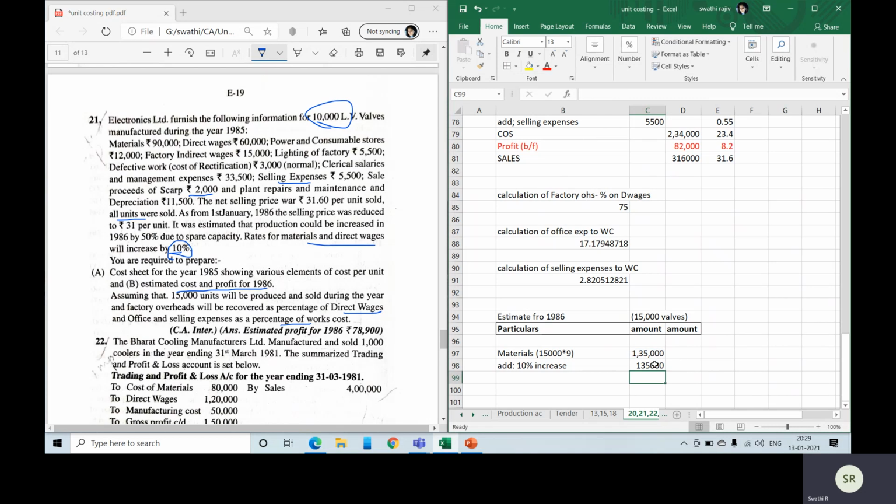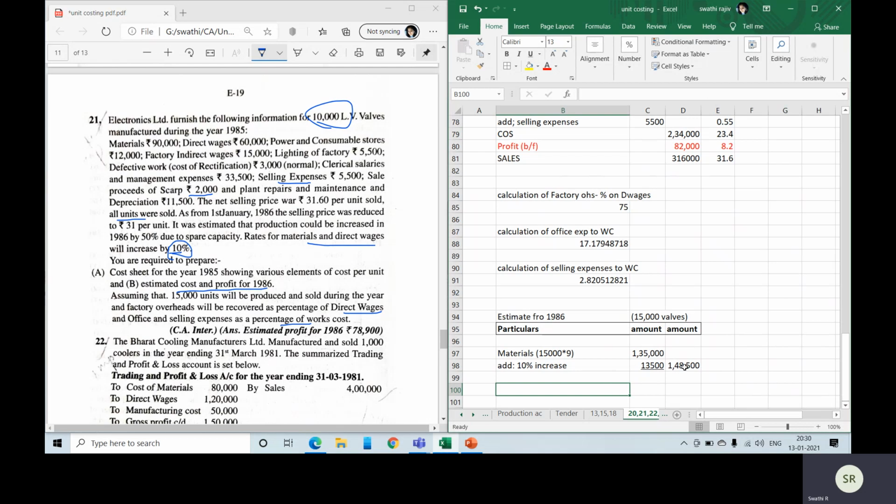I should ideally be getting 13,500 as the increase, that is 1,35,000 into 10 by 100. And altogether, I will get the amount as 1,48,500. So this is the increase in materials.